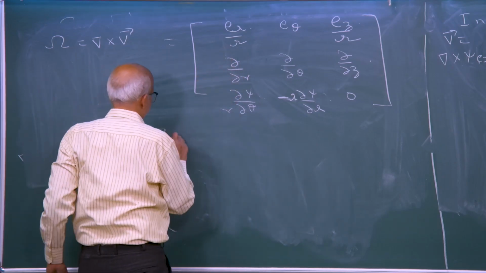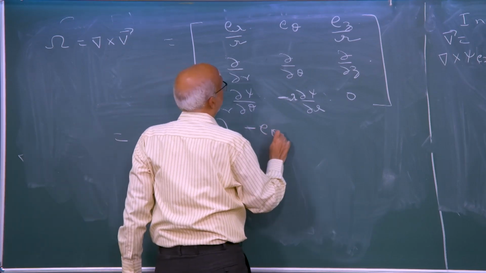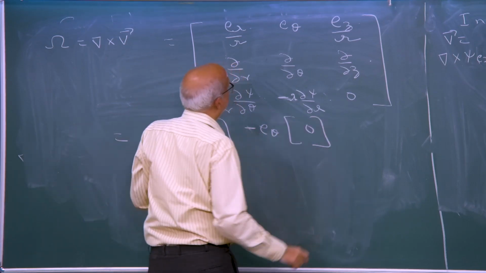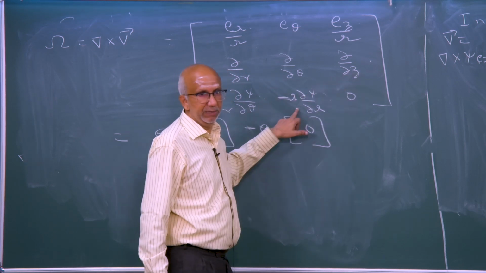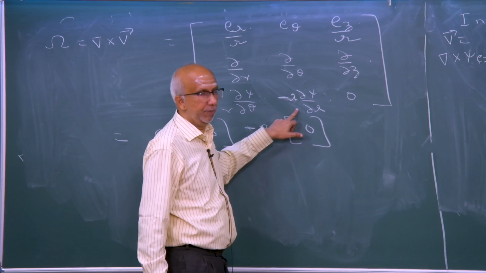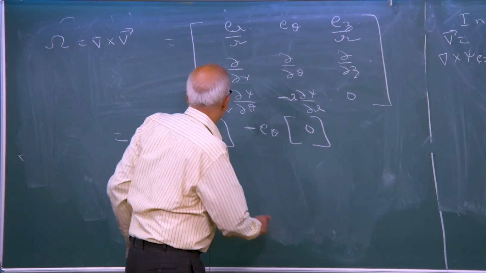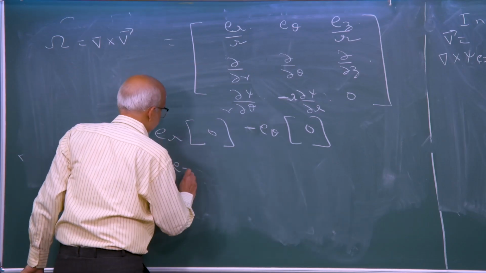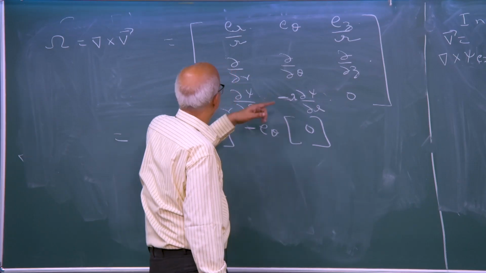E_r is multiplied by d by d theta of 0, which is 0, minus E theta multiplied by 0, and nothing changes in the z direction. So only E_z is going to contribute, plus E_z times, there is also an r there.